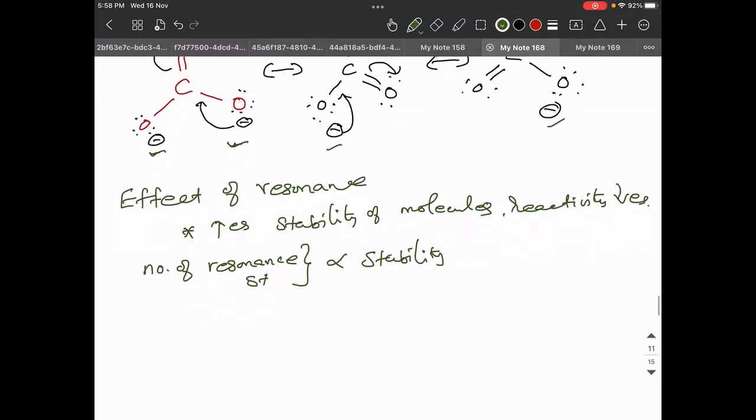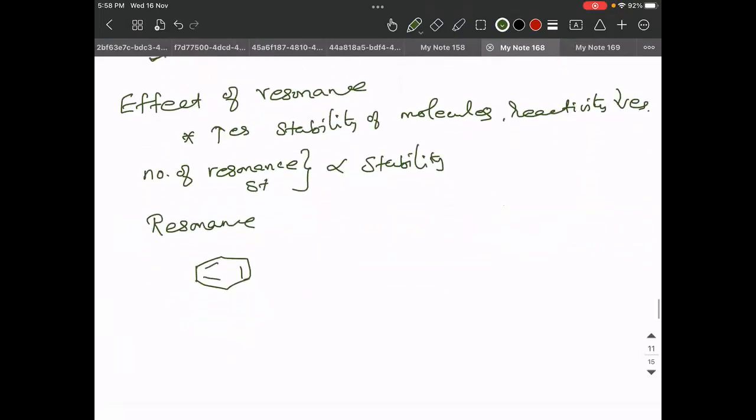Now in terms of resonance, take a simple example. You take benzene, when you are measuring the carbon-carbon bond length, and methane and ethylene.